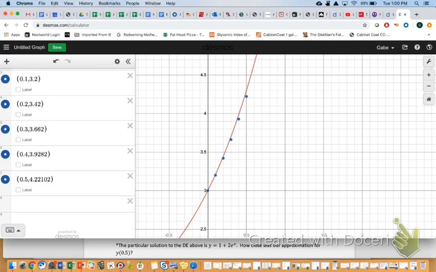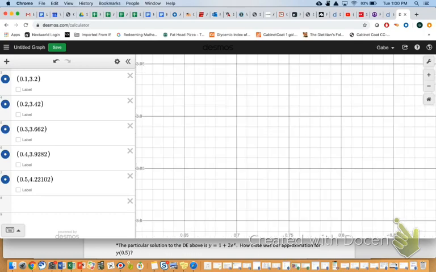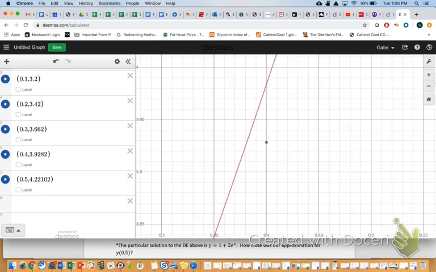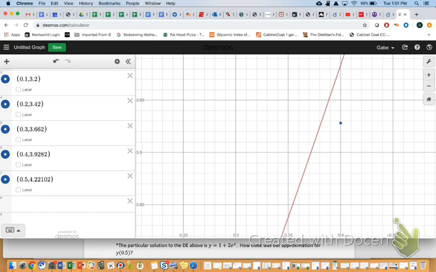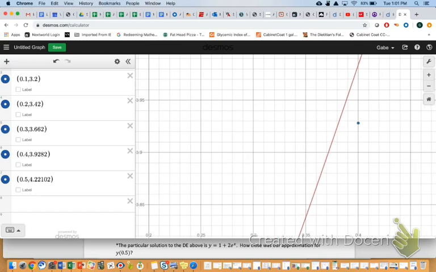But you can see, I'm zoomed in here to where my scale on the y's is 3.85, 3.9, 3.95. We're talking about hundredths. You have to zoom in pretty far to start to see a gap develop between the red and the blue graph.